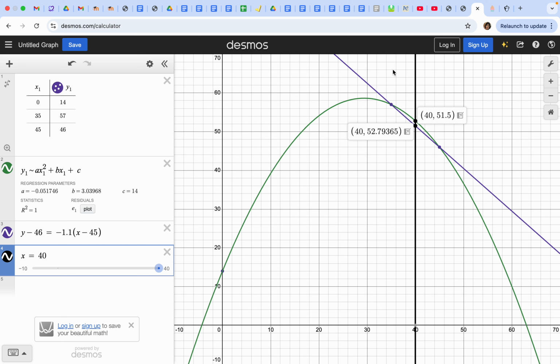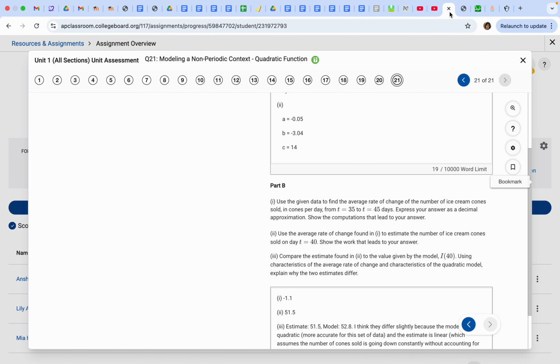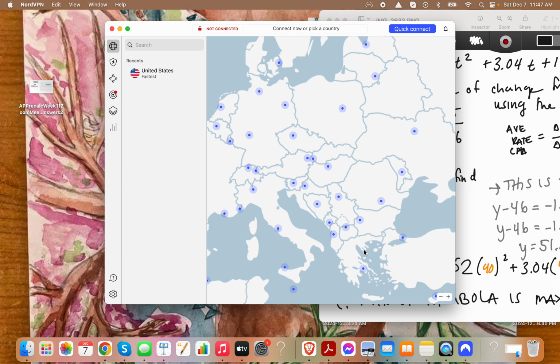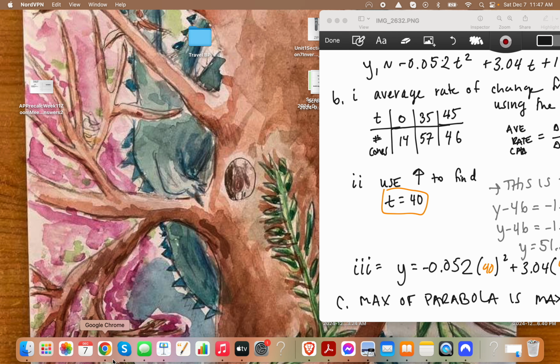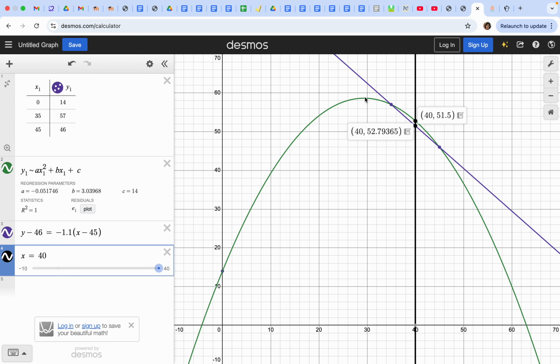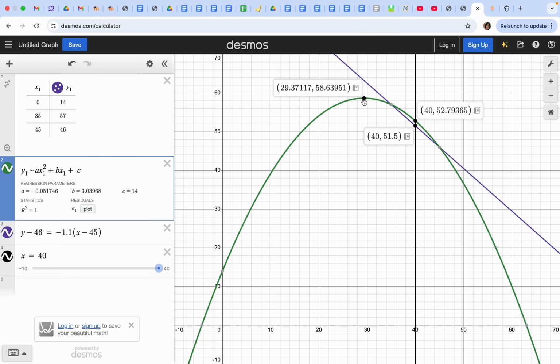All right. And the last part was explain how the range values of the function should be limited by the context of this. Yeah. And you have half of it. I can't sell unlimited ice cream cones, right?